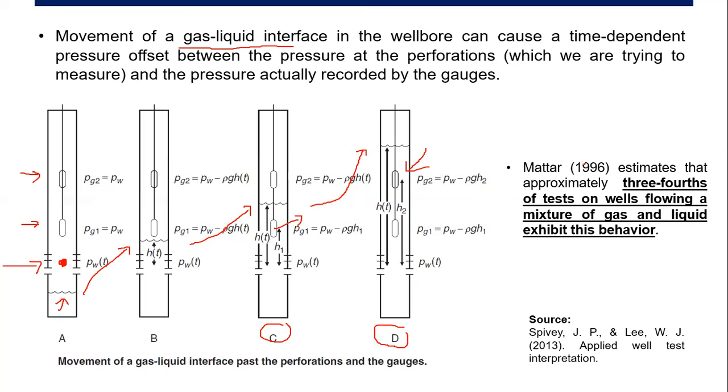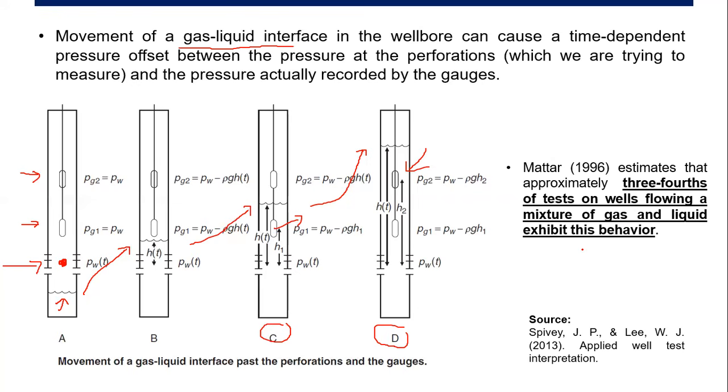And according to Matar, approximately 3/4 of tests on wells flowing a mixture of gas and liquid exhibit this behavior. Okay, so the majority of well tests will show a mixture of gas and liquid, and it will exhibit this behavior.